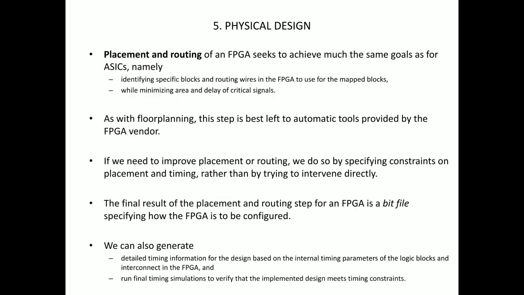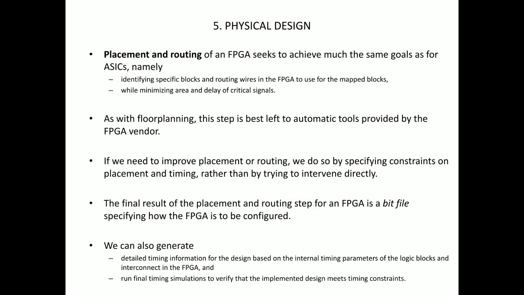Okay, placement and routing of an FPGA seeks to achieve much the same goals as for ASICs, namely identifying specific blocks and routing wires in the FPGA to use the mapped blocks while minimizing area and delay of critical signals. As with floor planning, this step is best left to automatic tools provided by the FPGA vendor.